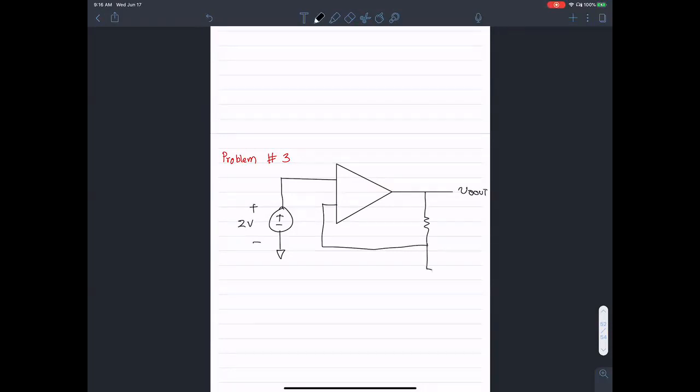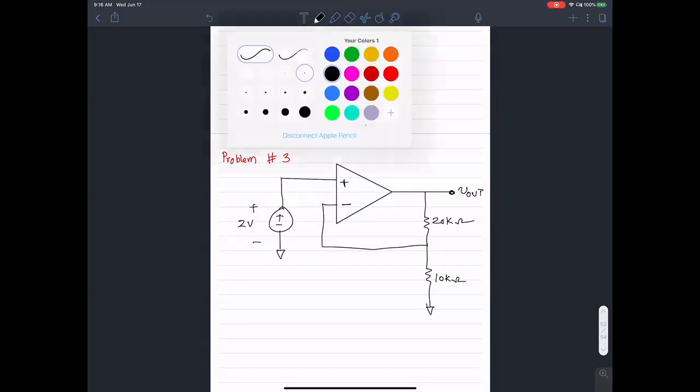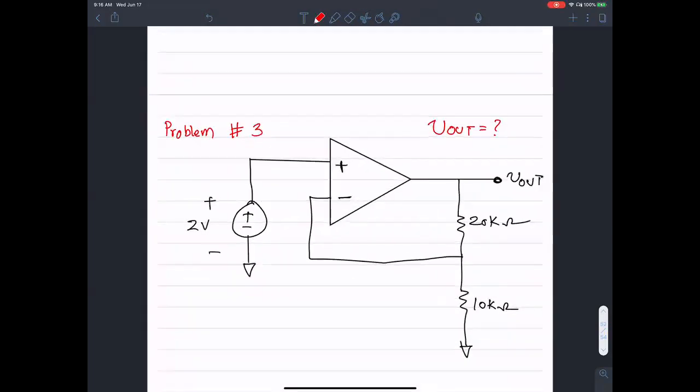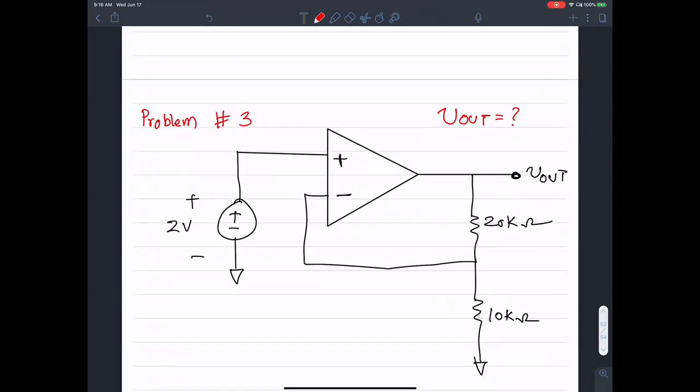Let's see. 10 kilo ohms, 20 kilo ohms. I'm interested in finding out V output. Let me give the polarity properly. This guy is positive. This guy is negative. I want you to find V out. Take a few minutes to solve this problem and find the value of V out.